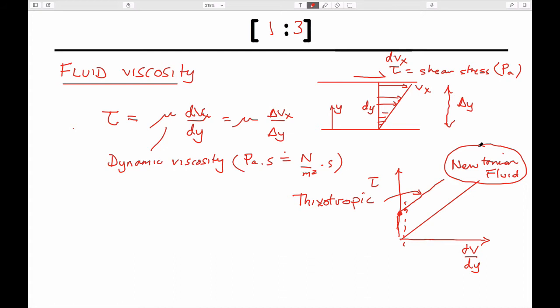So, for instance, we could calculate the magnitudes of the stresses that would be applied in a system like this. There's a quick example.